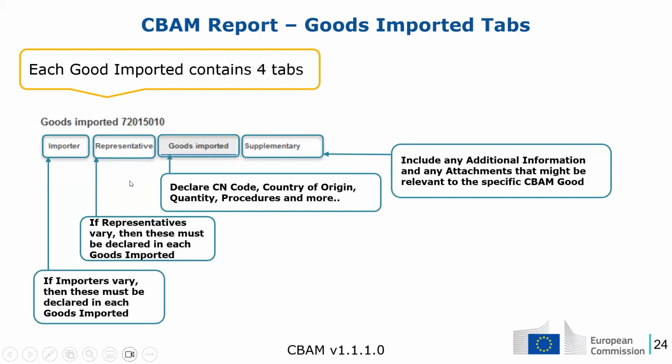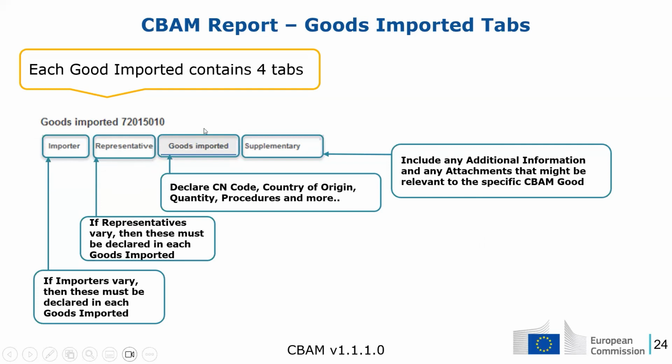If the representative varies, then this must be declared in each good entry. In case that the importer and the representative are already declared in the header of the CBAM report, these two tabs will not be visible in our screen.